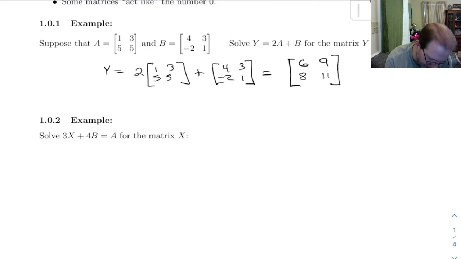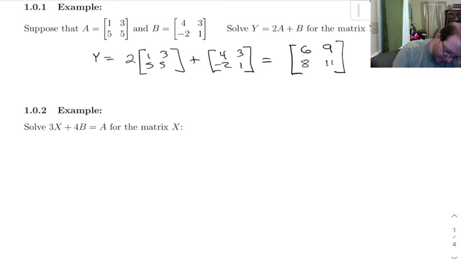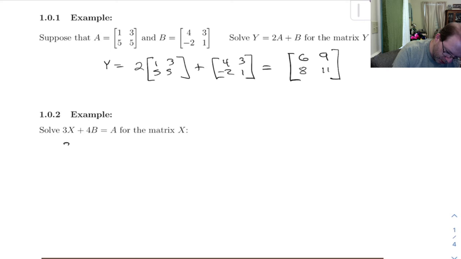This next thing is going to be almost exactly the same. Solve 3X plus 4B equals A for the matrix X. And we're using the same matrices from up here. So probably what I would do for this is write out, well, let's solve it first for 3X. 3X is going to be A minus 4B.